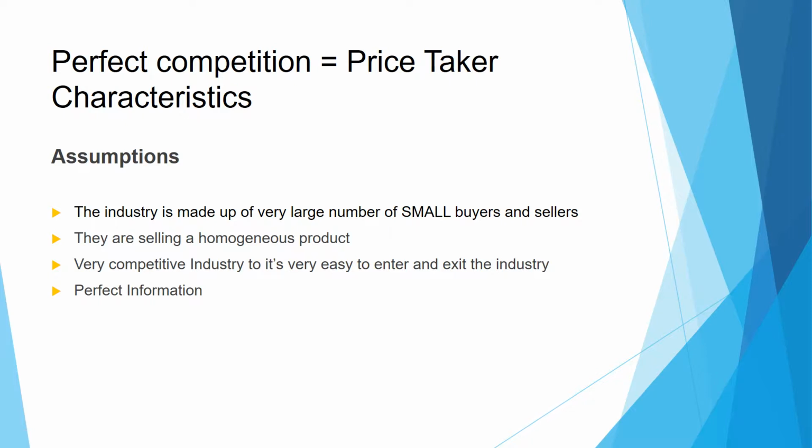If I'm going out to buy milk and I notice that this seller is selling milk for a cheaper price compared to where I normally buy milk from, I would instantly go and buy milk from there because I have access to perfect information. Again, this is very unrealistic, but this gives robustness to the model and makes it a good model to compare other models with.